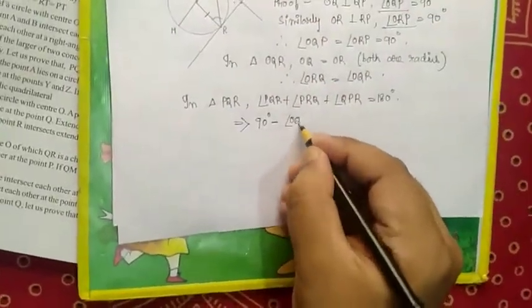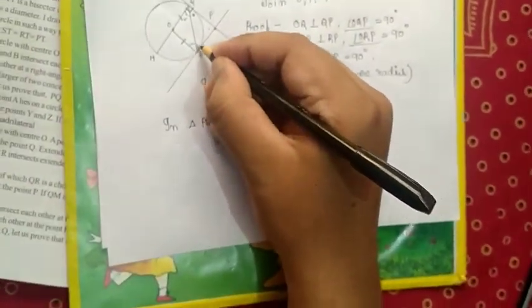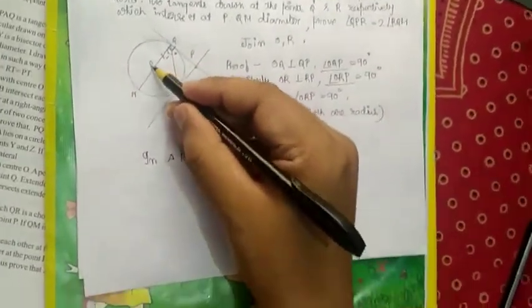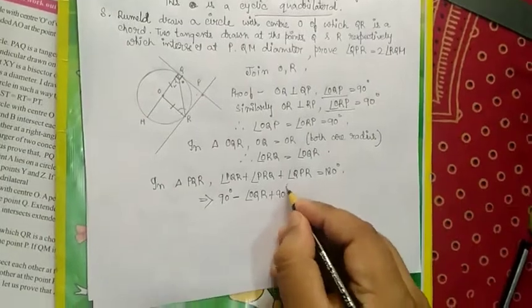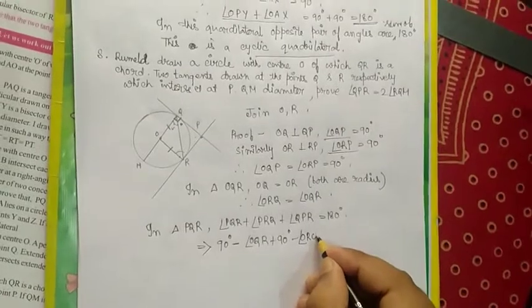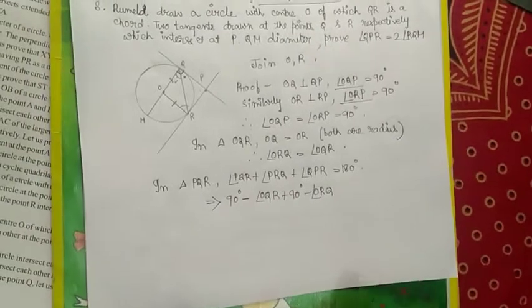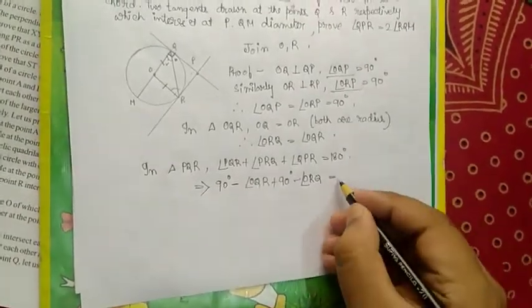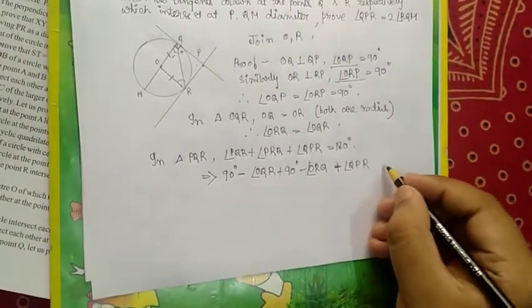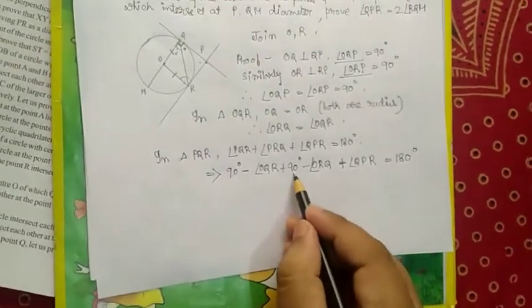Similarly, this angle PRQ is also from a 90 degree angle, so PRQ equals 90 degrees minus angle ORQ. Plus angle QPR equals 180 degrees.